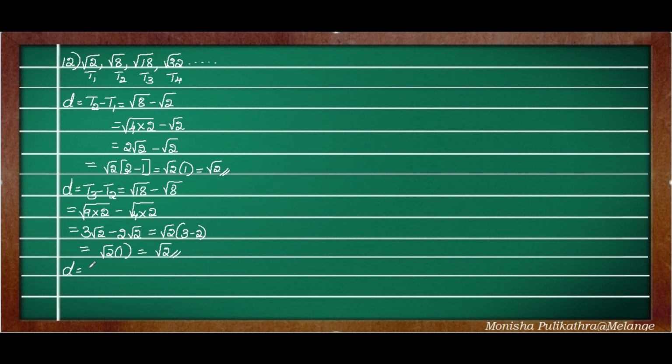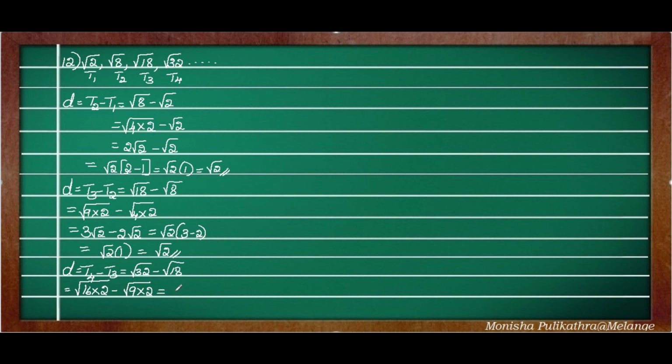So next we can find out the last common difference, that is T4 minus T3. So T4 is root 32 minus T3 is root 18. Okay. Again we need to split it. 32 as 16 twos are. Okay. 16 twos are 32 minus 18 as 9 twos are. Right. So what is the square root of 16?